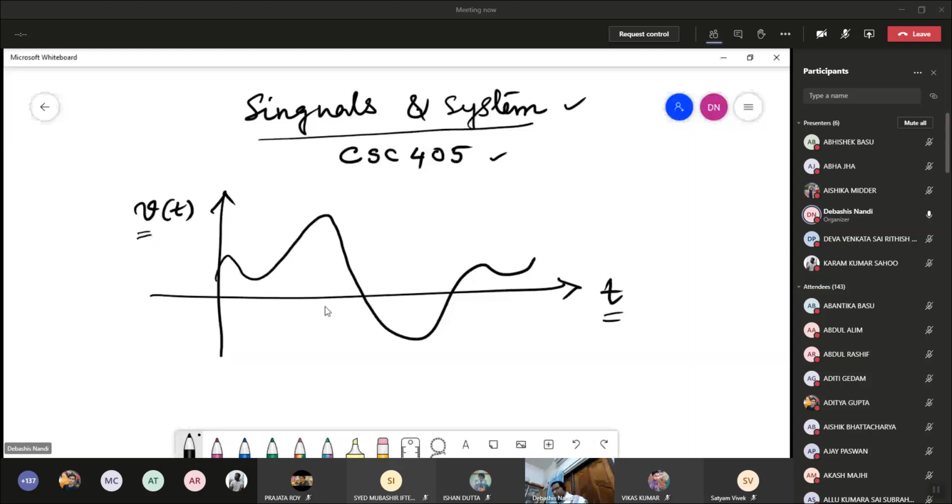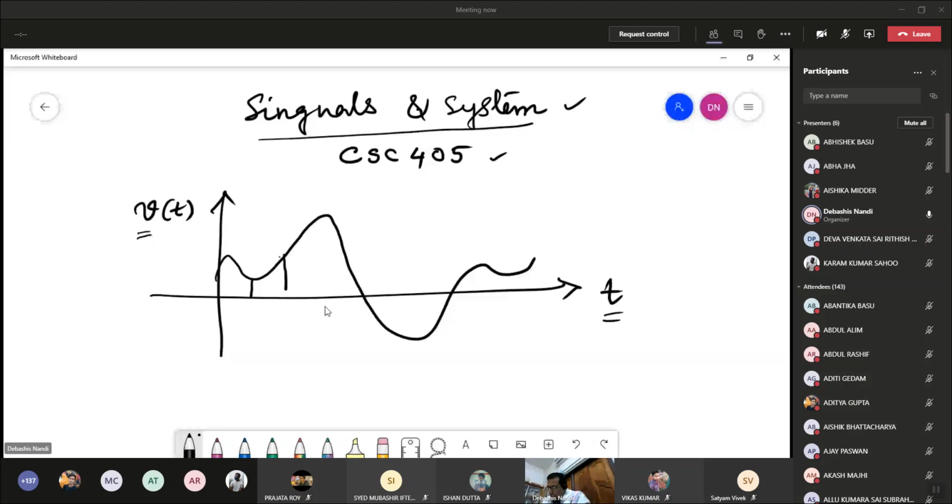So if you see this graph, it is possible to plot the graph of this voltage signal Vt as a function of time. Then it is possible to say what is the value of the signal at a particular time instant.